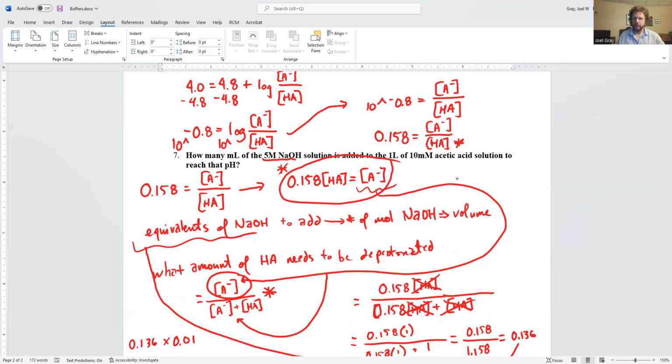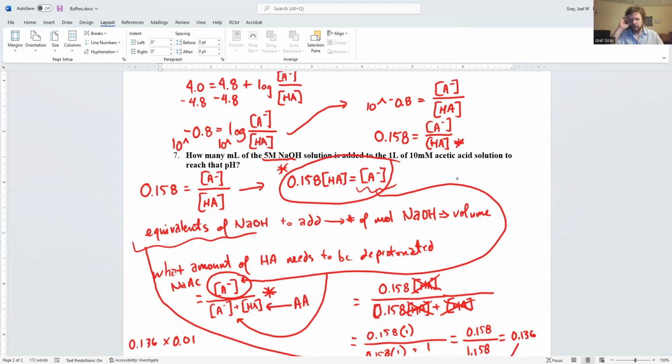It doesn't. We have sodium acetate, which I'm going to label as NaAc. We have a concentration of sodium acetate, but then we also have acetate that is still protonated, which is our acetic acid.